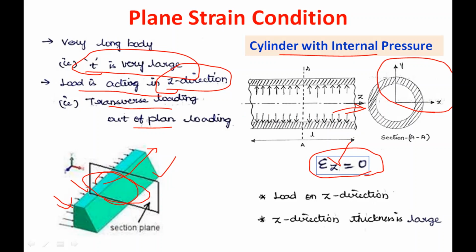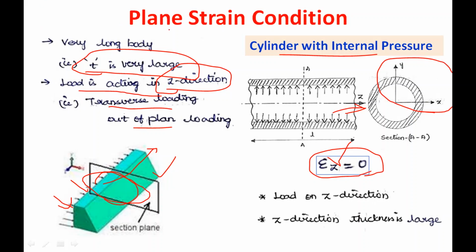Actually the strain along the z direction is not equal to 0, but compared to the strain along the x and y directions, the z direction is negligible. In other words, in the plane elasticity concept, the strain along the xy direction is independent of the z direction.